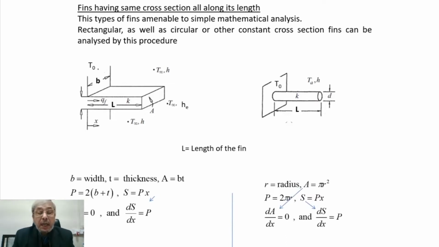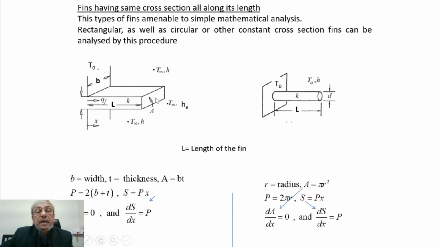So first we will analyze fins that have the same cross section all along their length, and such fins are amenable to simple mathematical analysis. This can be rectangular or circular, so that we always get constant cross section along the length. So this is the breadth, this is the length, T0 is the temperature at the base, T infinity is the temperature of the ambient fluid, h is the heat transfer coefficient.